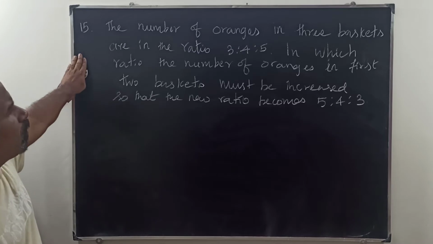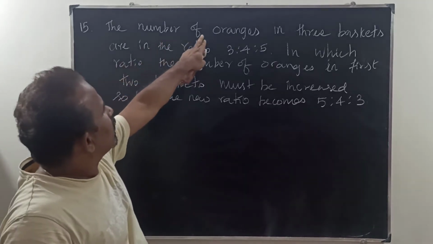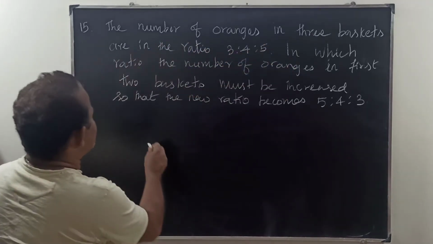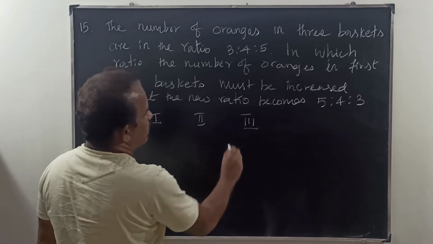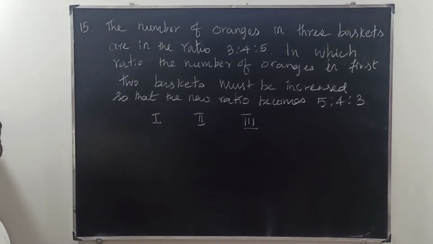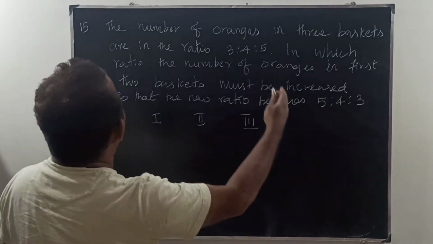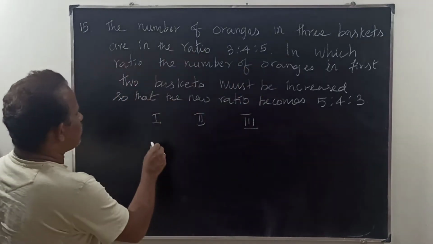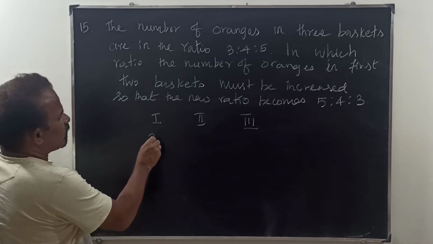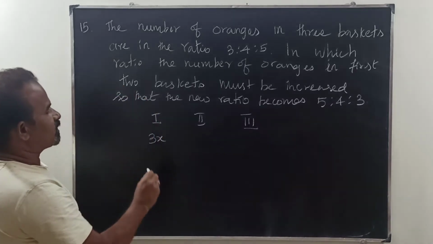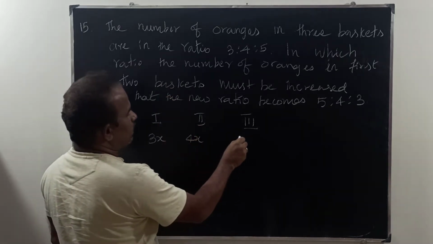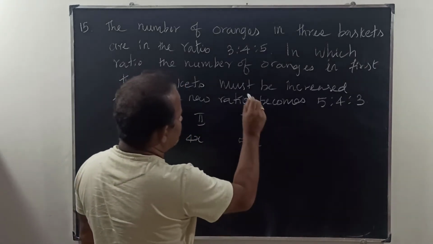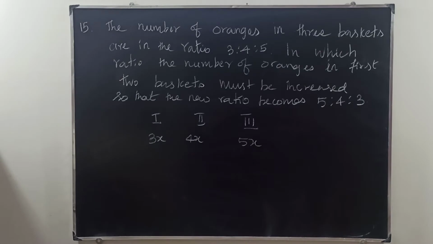So now the number of oranges in the 3 baskets. This is first basket, this is second basket, this is third basket. The number of oranges in the ratio 3:4:5. Therefore, 3x number of oranges in the first basket, 4x in the second basket, 5x in the third basket.